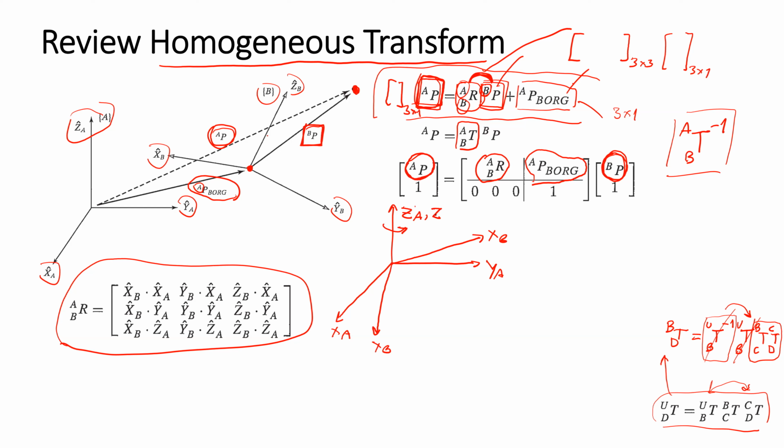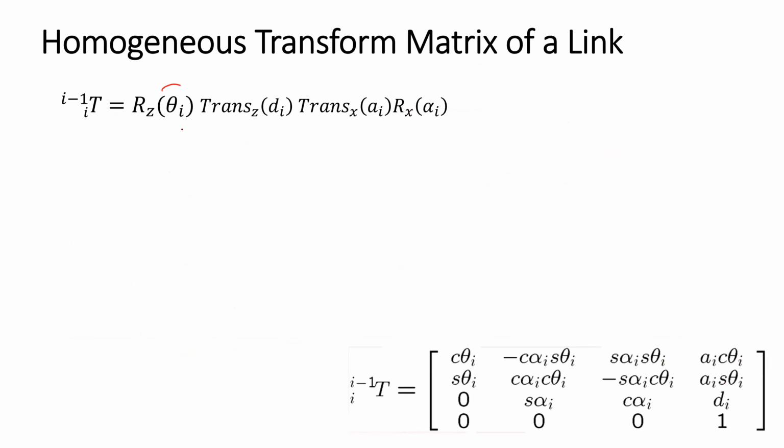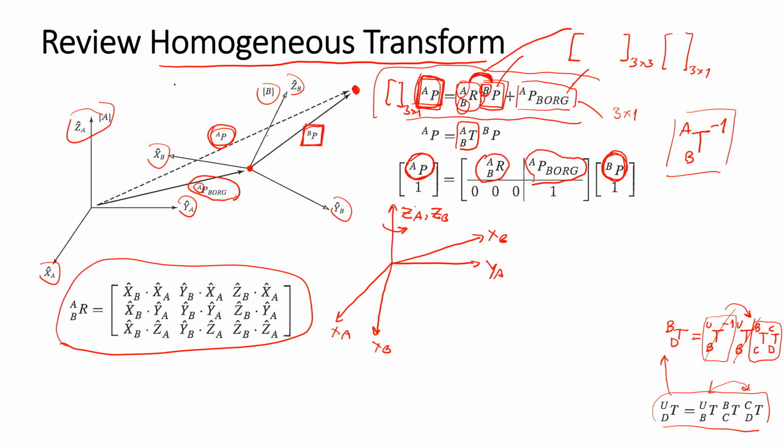What's gonna happen? If we rotate it, for example, with the angle theta, how can we derive the rotational matrix about the Z direction with the angle of rotation theta?